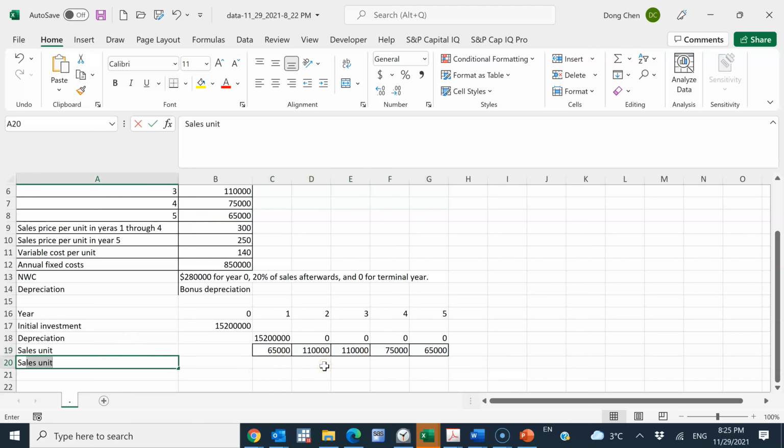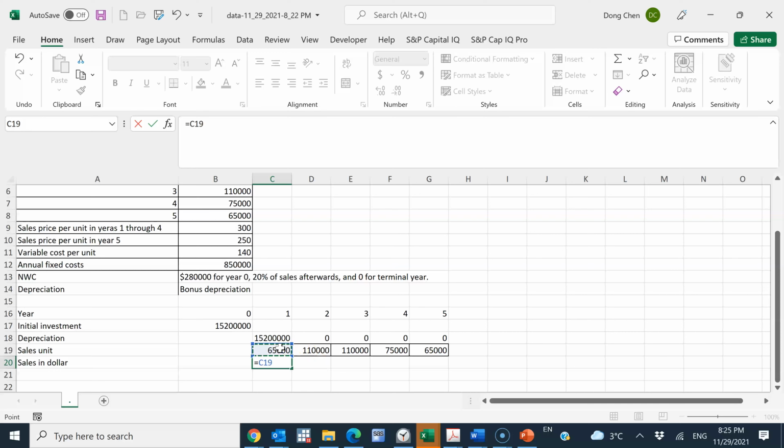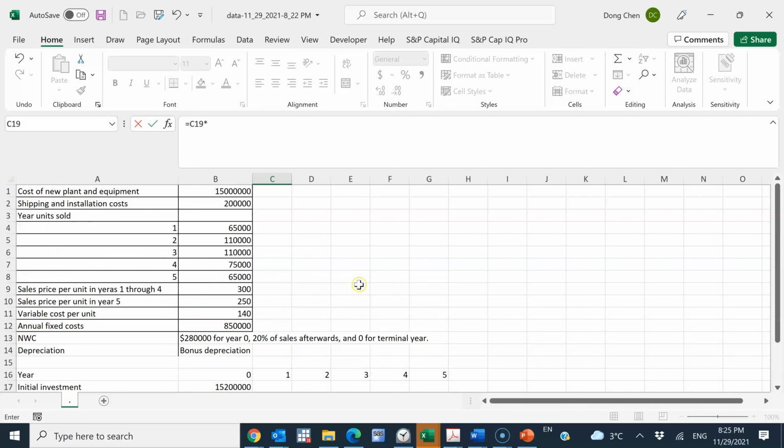And now we can calculate sales in dollars, right? That's just the sales units multiplied by the price, and the price is given here, $300 each for each year from year 1 to year 4.